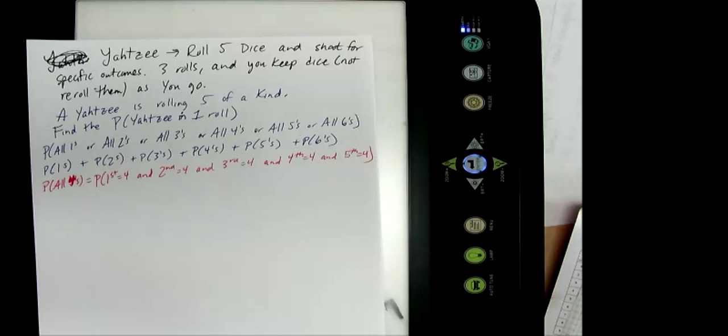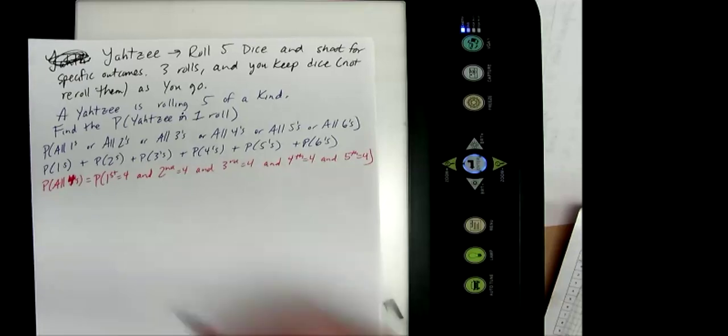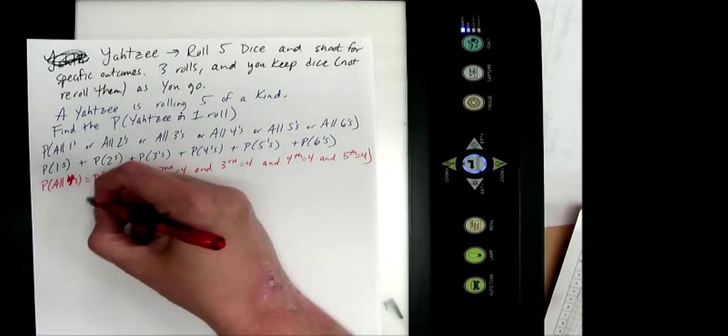Now, all of these dice rolls are independent of each other. So we just saw what and does: and turns into multiplication.